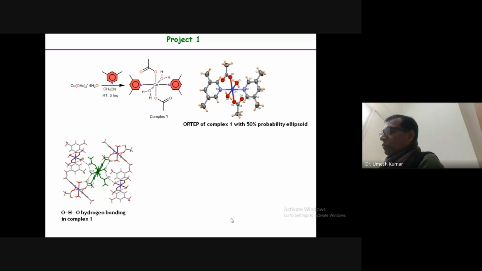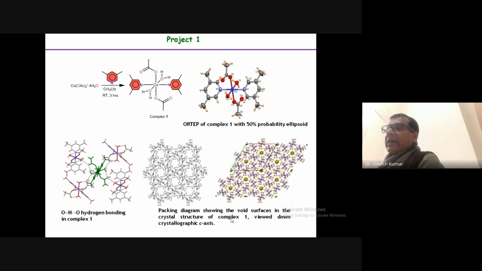So it grows in a 3-dimensional way, and this is a very interesting porous material, with different types of pores, and you can see hexagonal pores here. With the surface analysis, we calculated the pore size and saw that this molecule is very porous in nature.